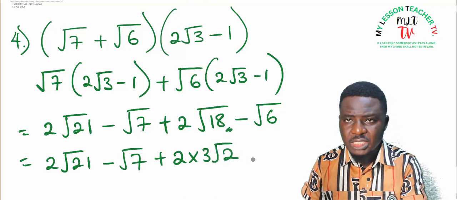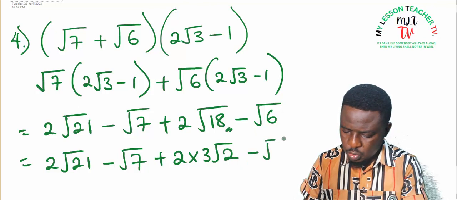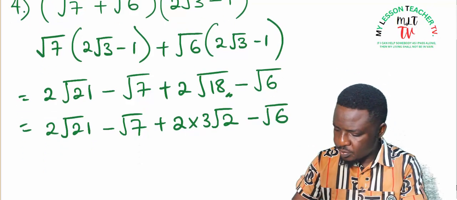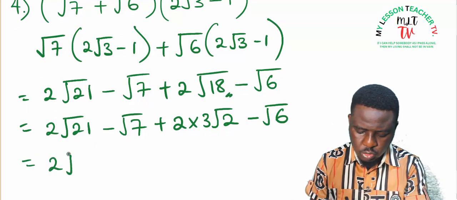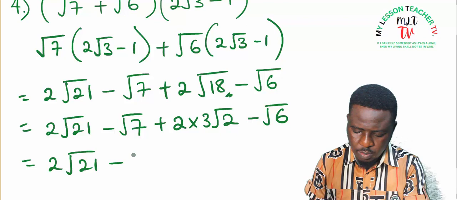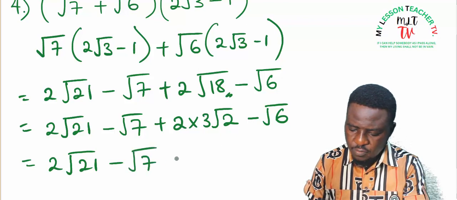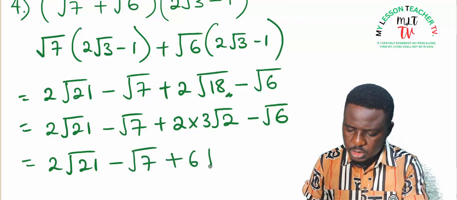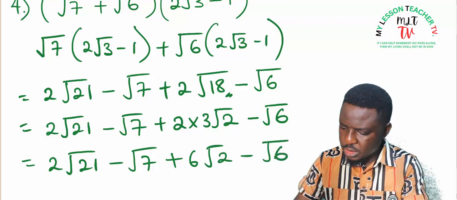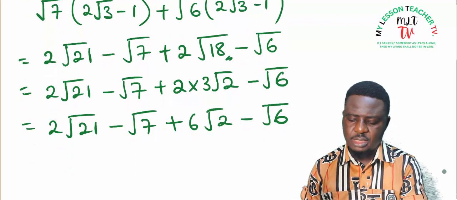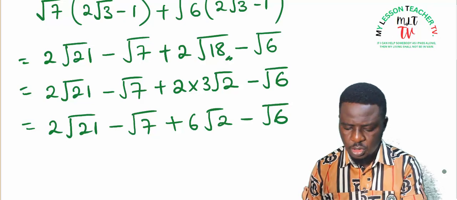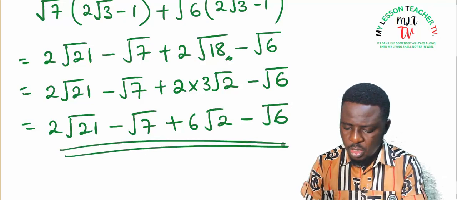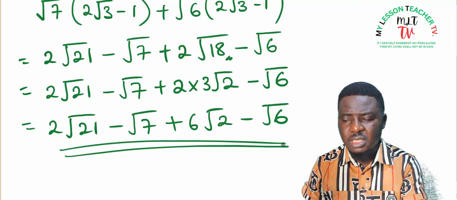When you simplify root 18 minus root 6, this gives us 2 root 21 minus root 7 plus 6 root 2 minus root 6. If you look at this, you will discover that they are all in different terms. So we cannot simplify them more than this. And this is said to be our answer.